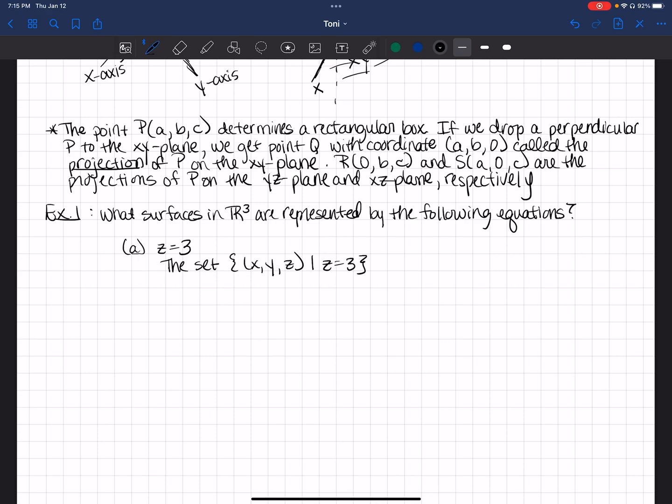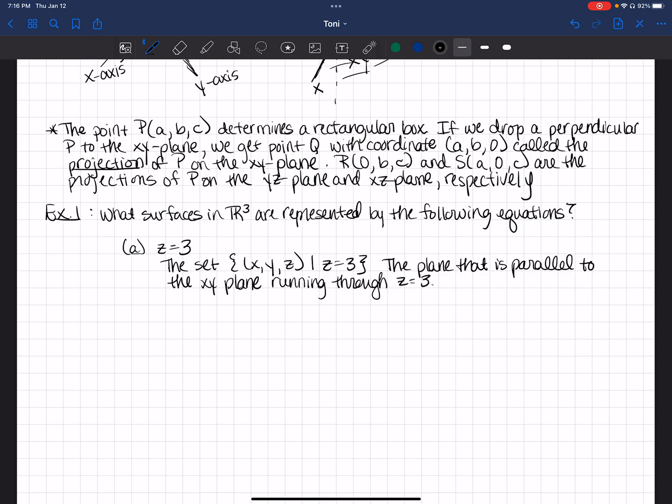I just wrote some stuff down. Well, what it is, it is the plane that is parallel to the XY plane running through Z equals 3.